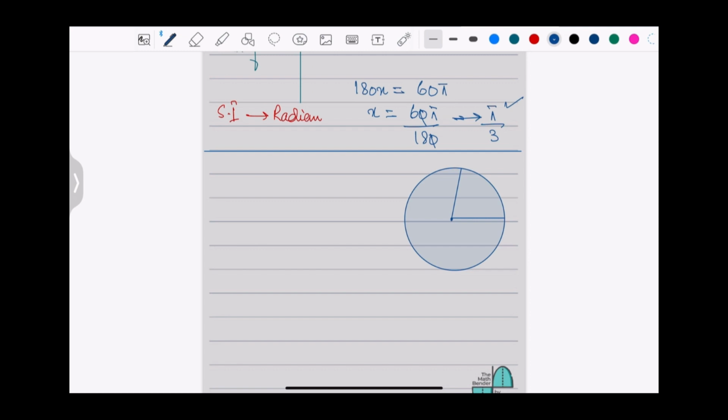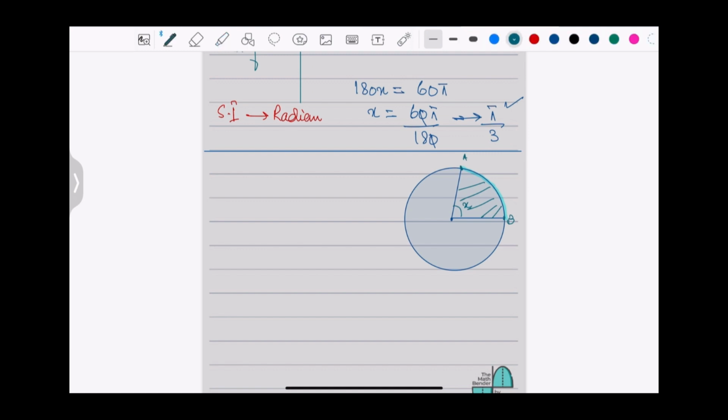Let's say this angle here is x, and this is point A, this is point B, and this thing is called a sector that does not fall in a quadrant which is 90 degrees, or a semicircle which is 180 degrees, or a full circle which is 360 degrees. So in order to formulate it, how to find the area of a sector, or the arc length, which is the length of this piece AB.